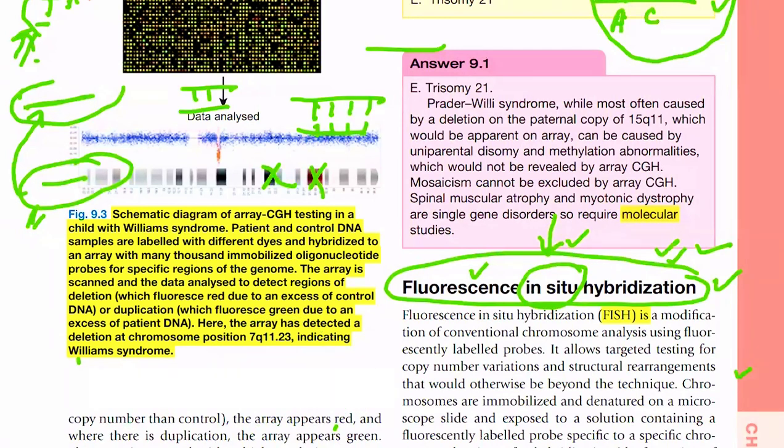Okay. And I have made one probe where, see here, this is the DNA sequence of this patient. First of all, what do we do? We denature, we separate these strands. This is the strand of DNA of the patient. I have separated it.